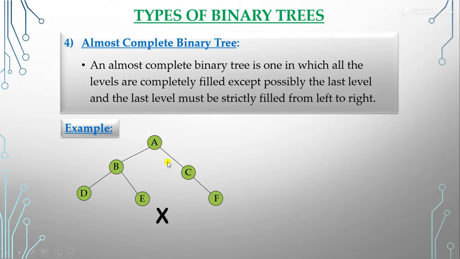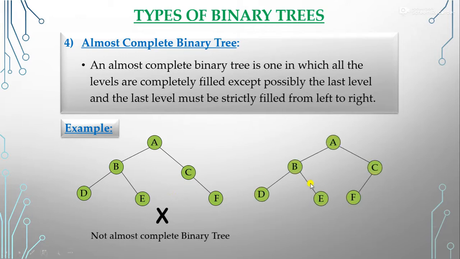Because we say all levels are completely filled except possibly the last level. That is clear, but the last level must be filled strictly from left to right, and here it is filled from the right first, so it is not an almost complete binary tree.